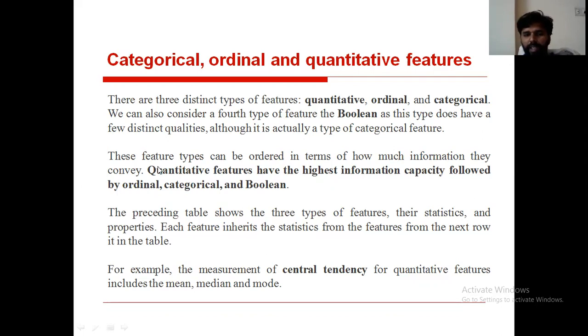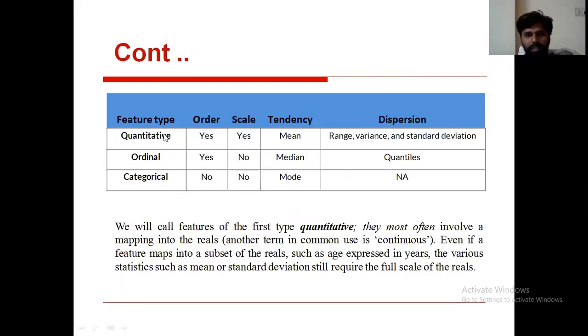These features are explained in this table. See, observe this. The feature names are what? Quantitative feature, ordinal feature, and categorical feature. Which one follows an order? Quantitative features follow the order. Yes. Ordinal features also follow an order, but categorical features don't follow an order.